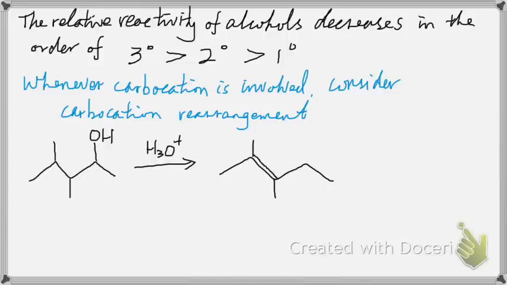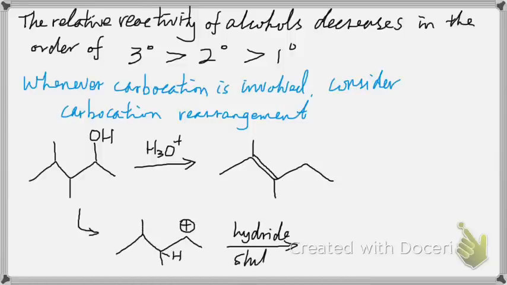So here is the product. It's a tetra-substituted double bond, not a tri-substituted double bond. So how does the product form? It will form a carbocation first. Then this carbocation will rearrange. So we are going from a secondary carbocation to a tertiary carbocation after the hydride shift.